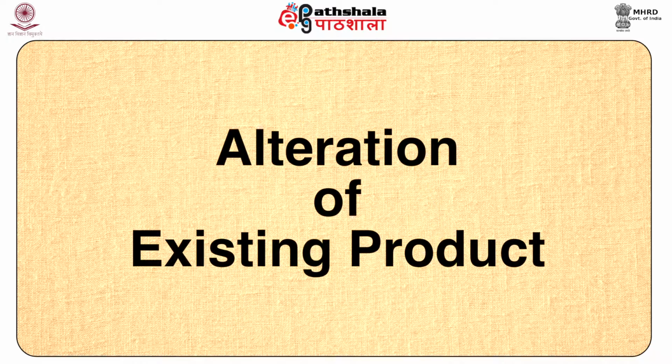Next is alteration of existing product. Sometimes, rather than developing a completely new product, taking a fresh look at the existing product might be a safe decision for companies. Improving the established product, which is already well known in the market, can be less risky, relatively easy and more profitable.